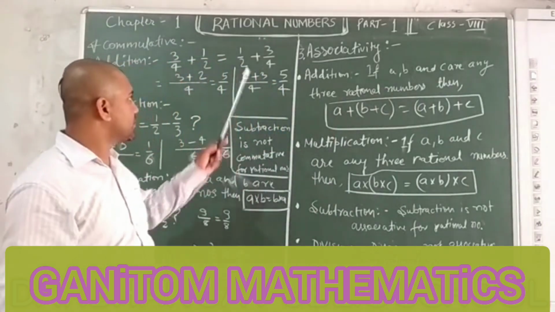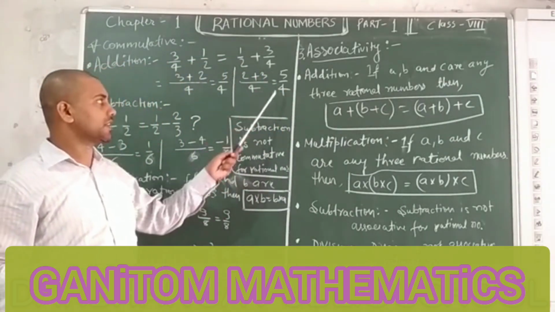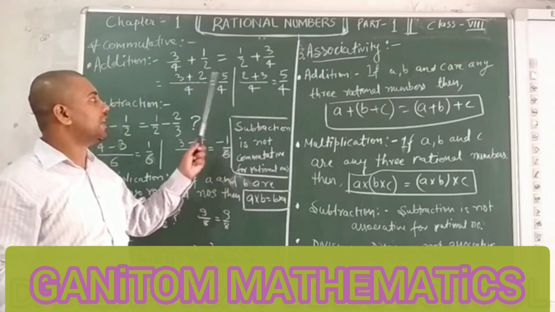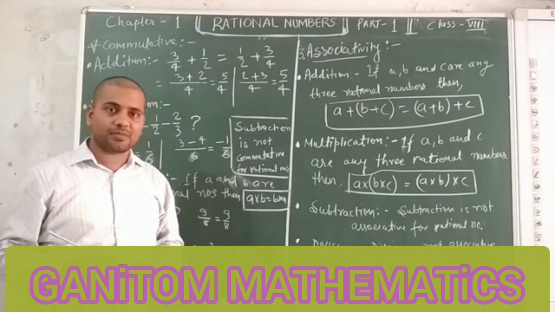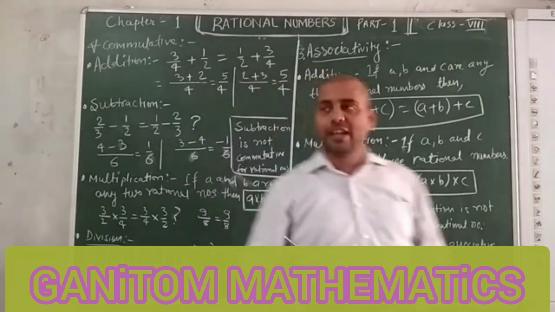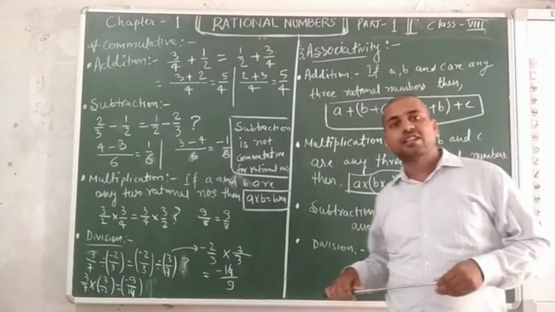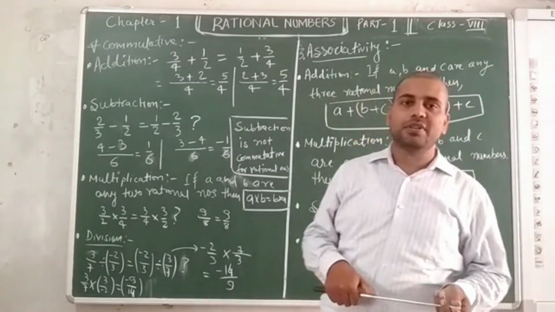Now we will see the RHS. LCM of 2 and 4 is 4, and when we calculate, we will get 5 upon 4. This means LHS and RHS both are the same. So in this case, we will say that addition is commutative for rational numbers.